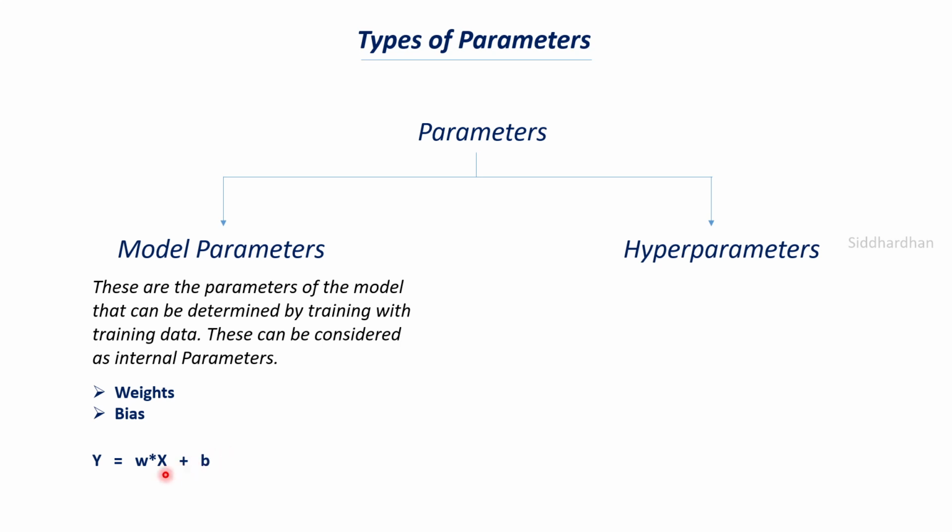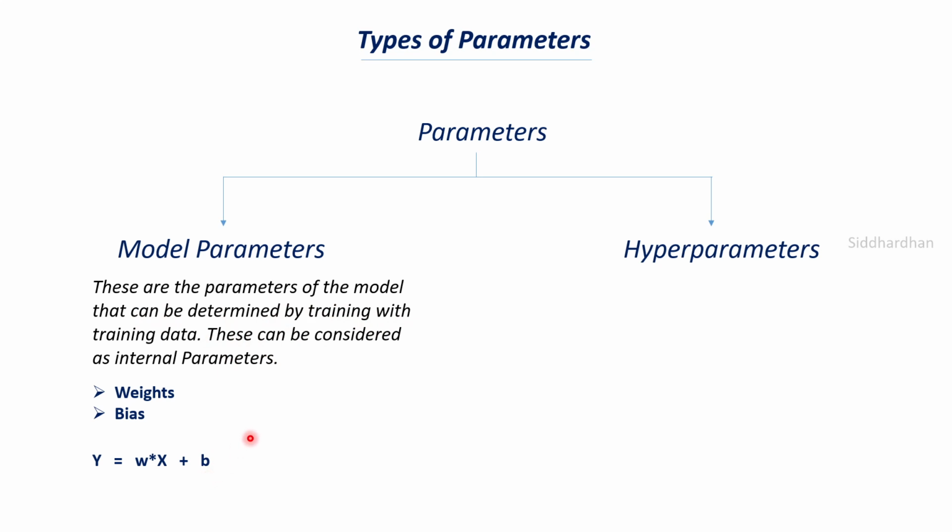In this equation, as I've told you, m is replaced by w. So the slope is replaced by weights and the intercept is replaced by bias. These are the same things: slope and weight represent the same thing, and intercept and bias represent the same thing. Now you can see this definition again. These are the parameters of the model that can be determined by training with the training data, as I have explained in this example.